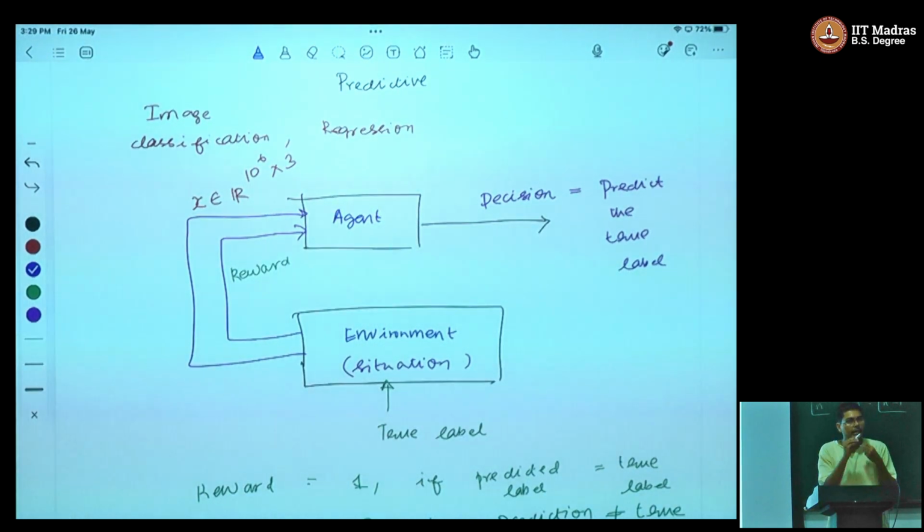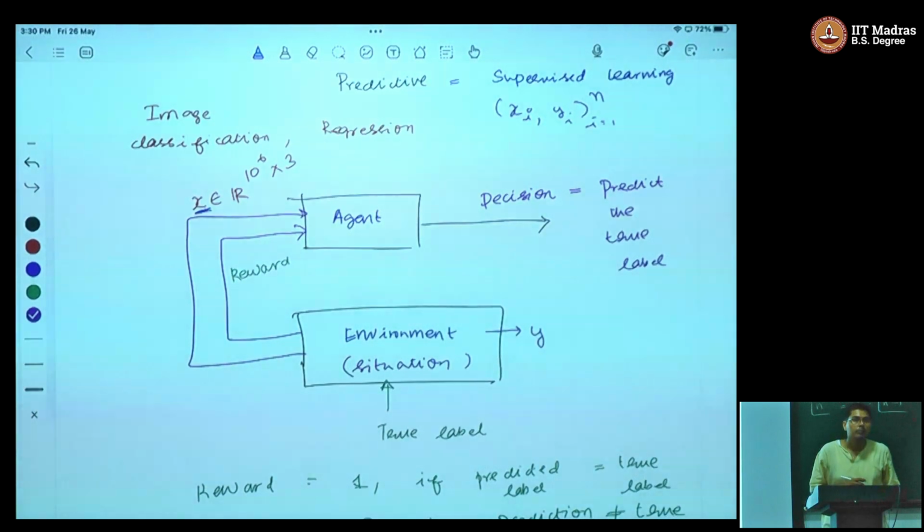When it comes to predictive tasks, you get what is known as supervised learning, where you are given the observations and also the true labels. You are given x_i, y_i. You are told that for this observation, this is the true situation.